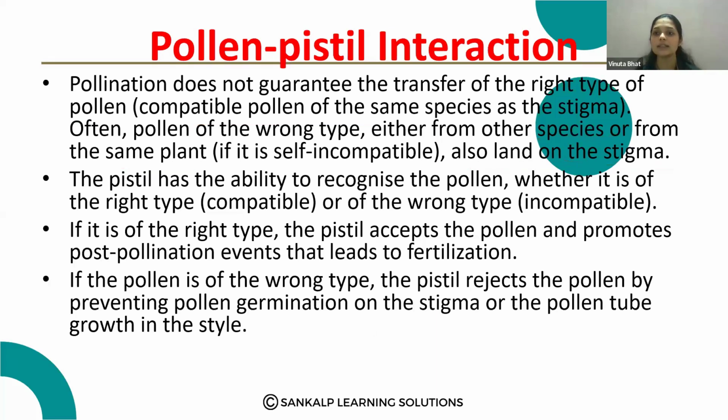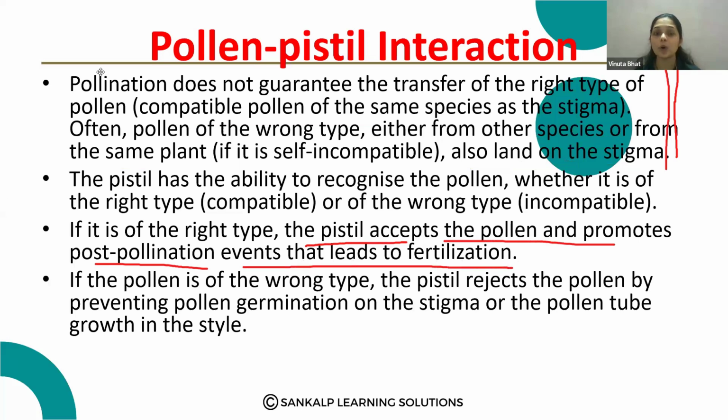Just imagine this is the stigma. The stigma accepts the right type of pollen. The pistil accepts the pollen and promotes the post pollination events that lead to fertilization.